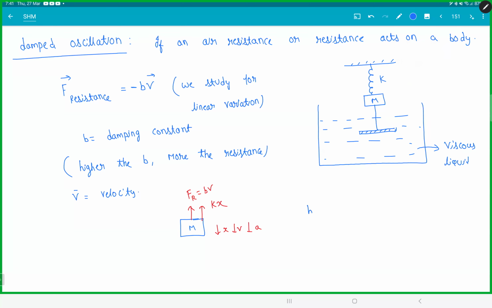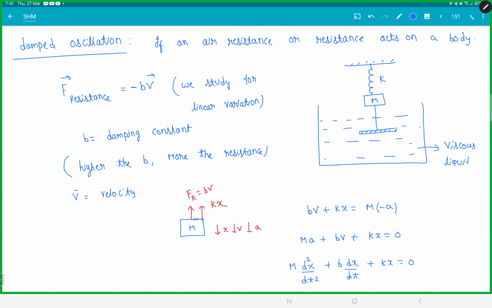So we get bv plus kx is equal to mass into acceleration. So if you bring it this side, this will be m into acceleration. This can be written as m d²x/dt² plus b dx/dt plus kx is equal to 0.